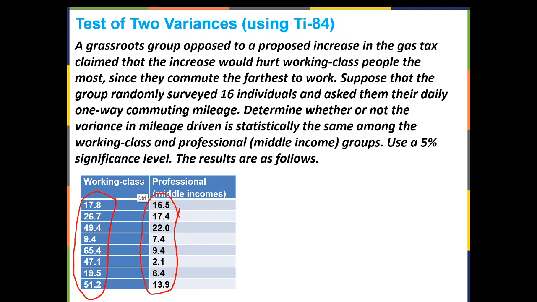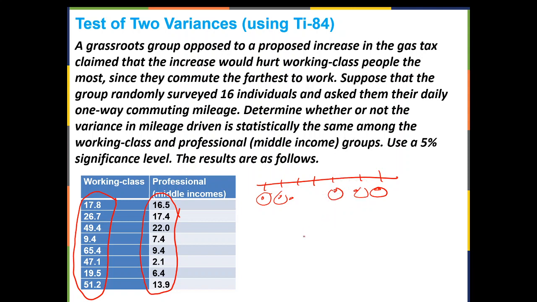That means if the variances are different, the one that has a bigger variance, then the cost of going to work is widespread, right? So, you know, a lot of them pay that much. They live that far away, so they have to pay that much, right? Based on the tax on gas, right?